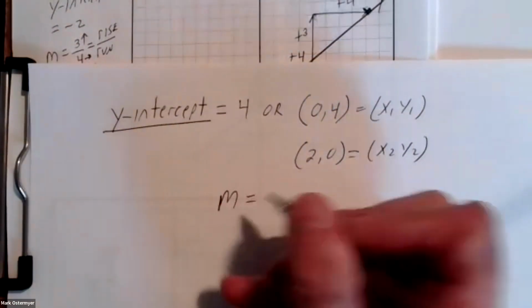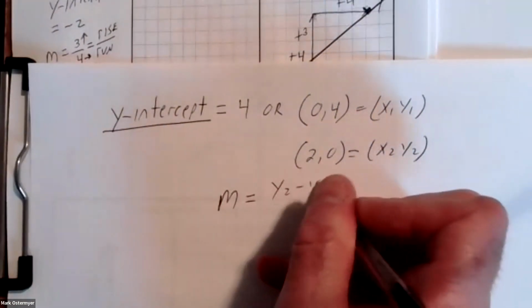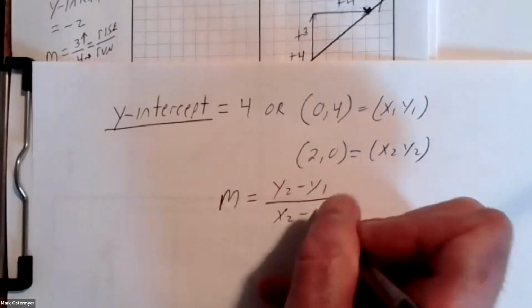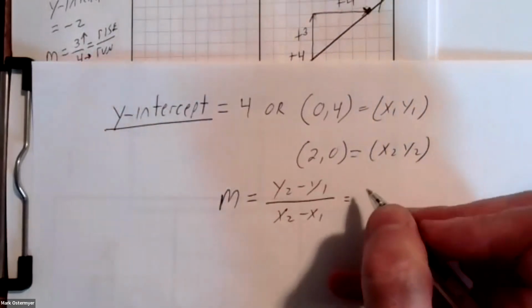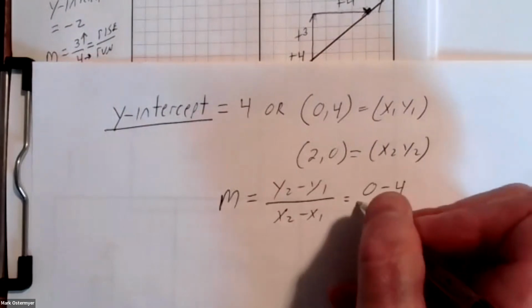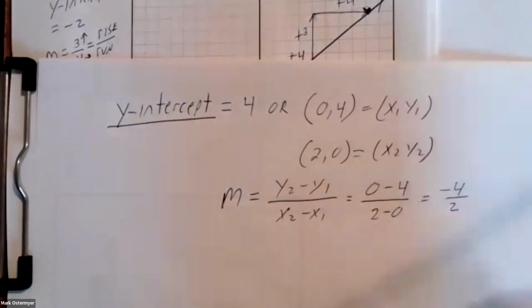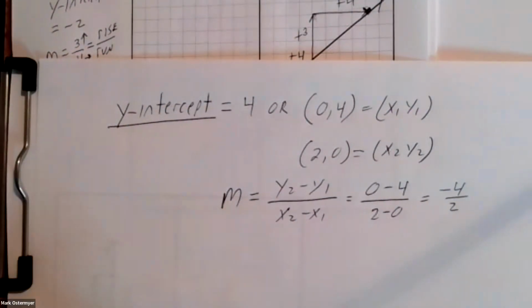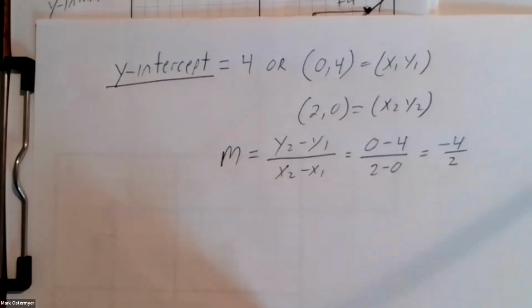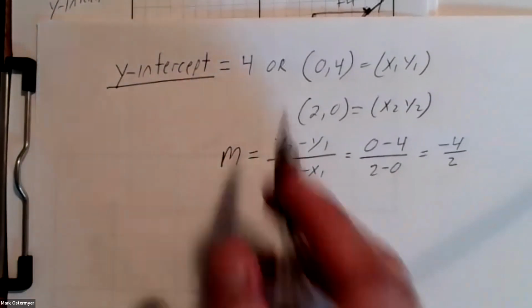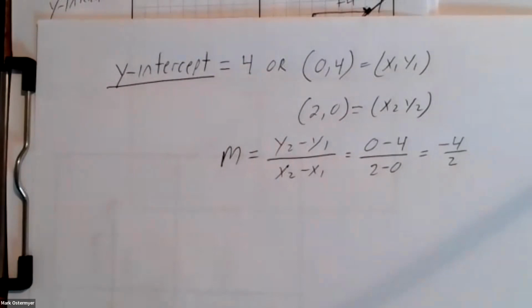So the slope of this line is going to be y2 minus y1 over x2 minus x1, which is to say 0 minus 4 over 2 minus 0, which is negative 4 halves. So that would be the slope of this line, negative 4 halves. And the y-intercept is 4. Questions on that problem?